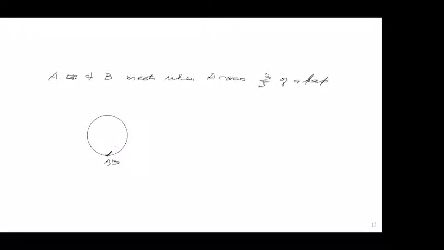Now, the next time they meet, this is a new starting point. It's just like they're starting all over again. He's carrying on in the same direction, and this guy goes in the same direction. So A will have to go another 3/5 of a lap to meet B again. You see? So each time A covers 3/5 of a lap, he will meet B.